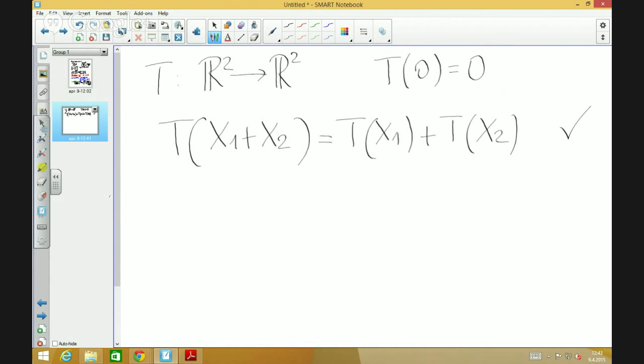Because the passport of a linear function states two things. Thou shalt have this property, and in addition, it also tells you what the result is of applying T to c times a vector x. What is this? c times T of x.